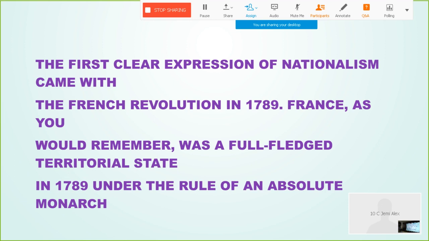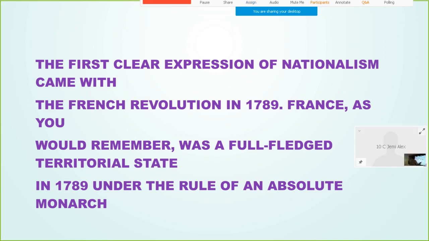Under the rule of an absolute monarch, France had a predefined territory. It has a constitution, as you know. A constitution was written, and France moved into a monarchical style of government with a constitution, and that is what happened during the French Revolution in 1789.